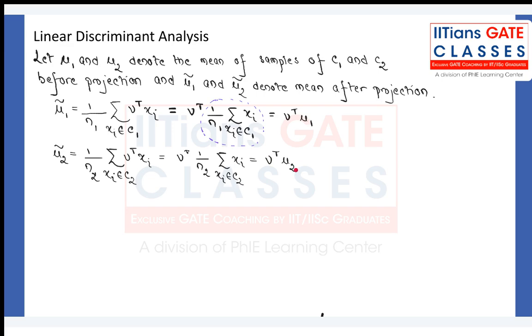Okay, this is the sample mean after projection expressed in terms of the sample mean before the projection.